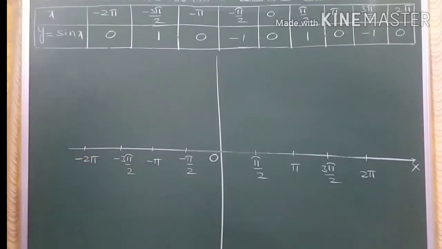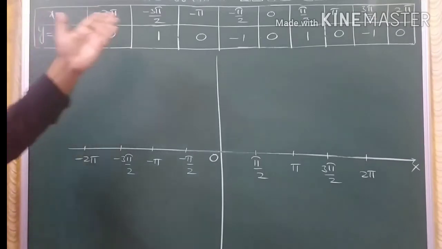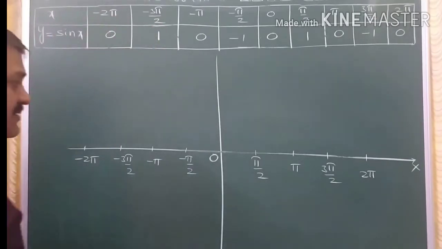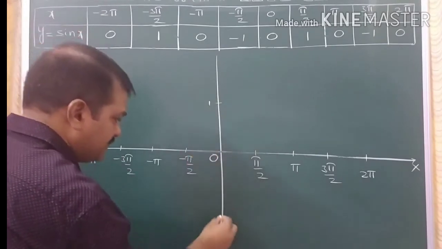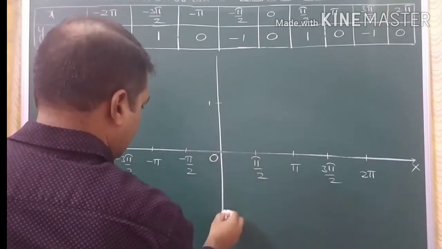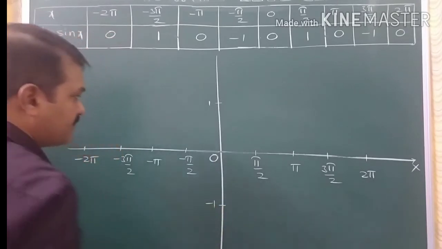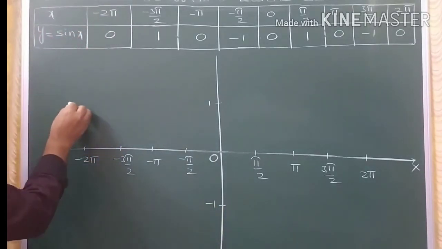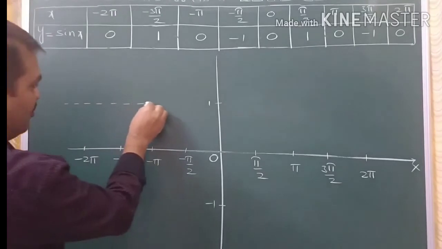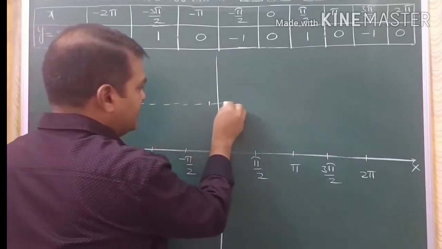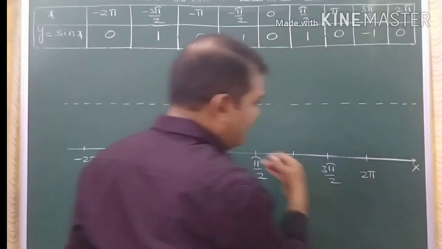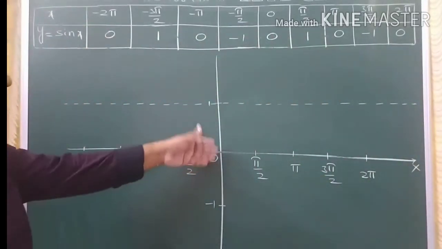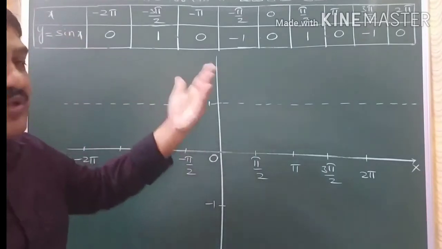So this is about the x values on the x-axis. Now the y values, as we discussed, will be between minus 1 and 1 only. So I will take 1 somewhere here and minus 1 somewhere here. I will draw a parallel dotted line at 1 to make sure that the curve we draw does not cross it, because y values, meaning sin x values, cannot be more than 1.